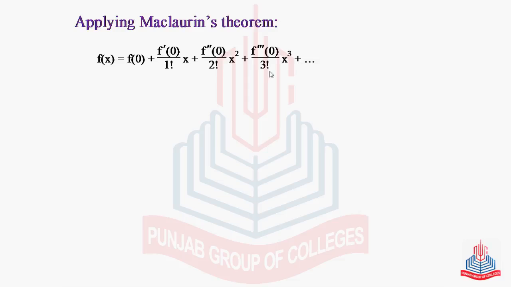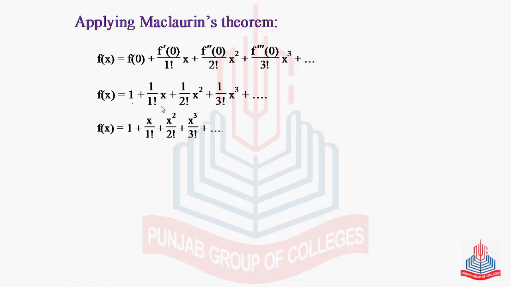Now just putting the values of all these derivatives and f of 0, which is 1, we have f of 0, f prime of 0 is 1, double derivative 1, third derivative 1, and that is our required proof. f of x is equal to 1 plus x by 1 factorial, x square by 2 factorial, x cube by 3 factorial, and this one is actually the result for e raised to the power x, or this one is Maclaurin's series of e raised to the power x.